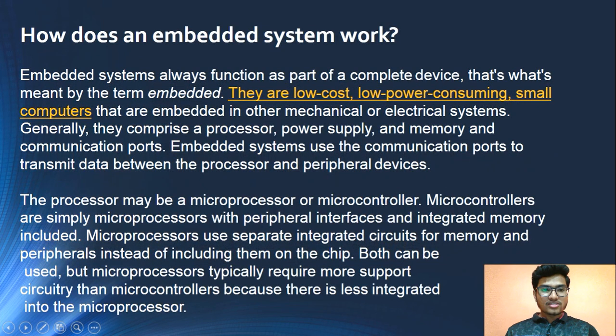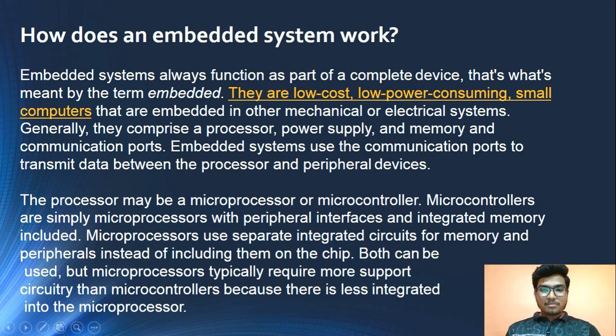So after knowing all these concepts, we'll be eager to know how an embedded system actually works. They always function as a part of a complete device. That's what is meant by the term embedded. They are low cost, low power consuming small computers that are embedded in other mechanical or electrical systems. They comprise a processor, power supply, memory and other communication ports, as I've explained earlier in detail. An embedded system uses the communication ports to transfer the data between the processor and peripheral devices to establish a communication.